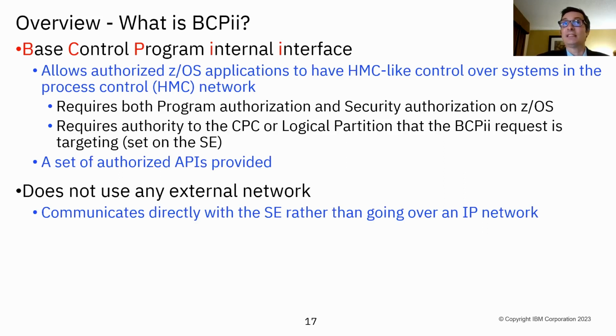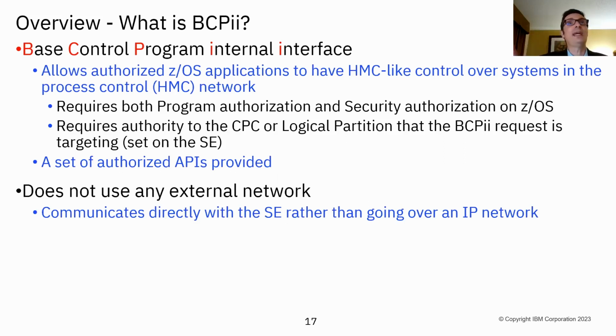Obviously, the operating system needs to be able to talk to the hardware. And if the operating system can't talk to the hardware through this BCPii channel, you have bigger problems than BCPii. So the idea is close to 100% availability, and also a 100% secure interface between the operating system and the hardware.